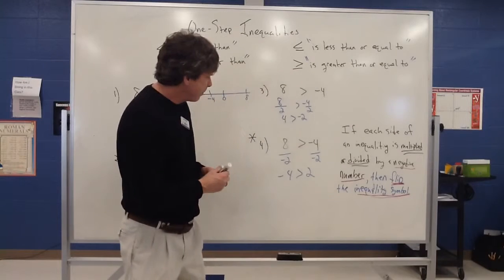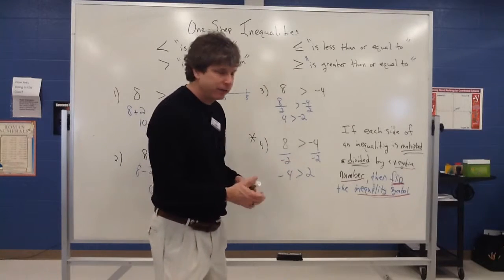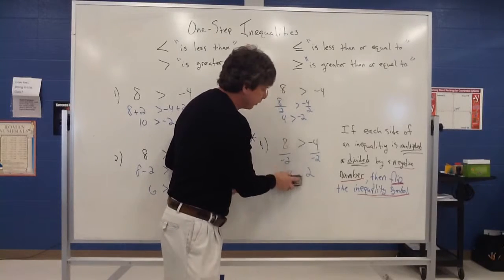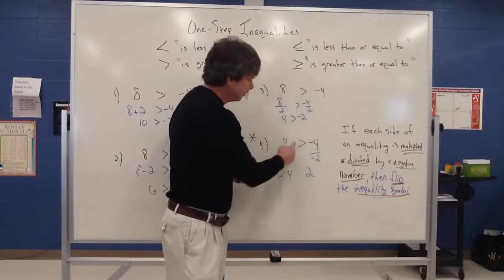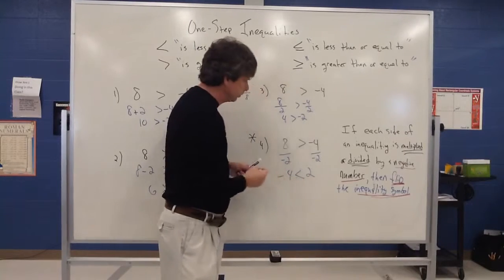So if I find myself dividing each side by a negative number, I can't leave that inequality symbol like it is. I must reverse its direction or flip it. So if it's a greater than symbol, I got to flip it over to a less than symbol.